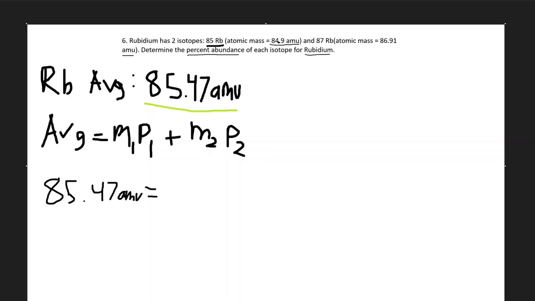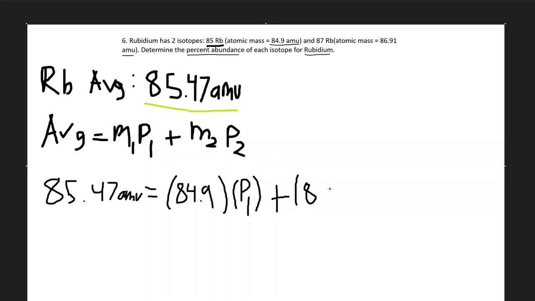Let's start with 85 rubidium with an atomic mass of 84.9, times P1, plus the atomic mass of the second isotope, which is 87 rubidium at 86.91 AMU, times the percent of the second isotope.